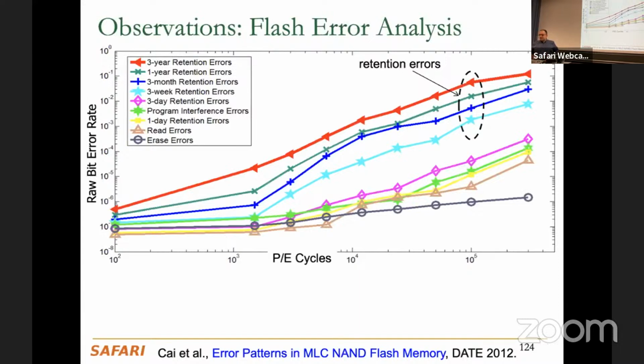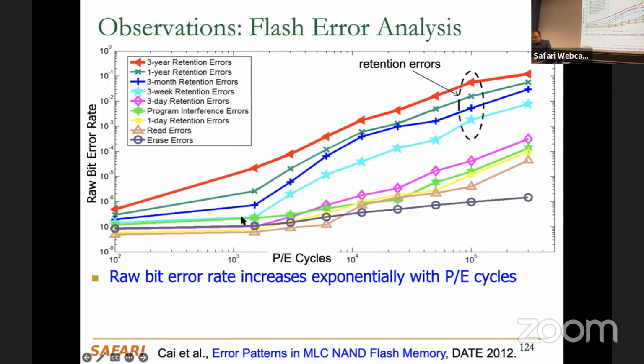Okay, so these are our observations for flash error analysis. You can see that we have different plots here: retention errors after 3 years, retention errors after 1 year, 3 months, 3 weeks, and 3 days. And there are also other errors like program interference errors, one day retention errors as well, read errors, and erase errors.